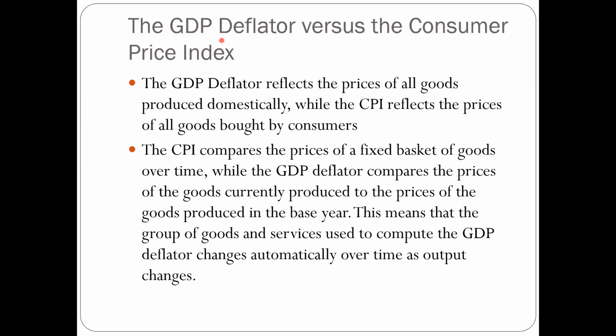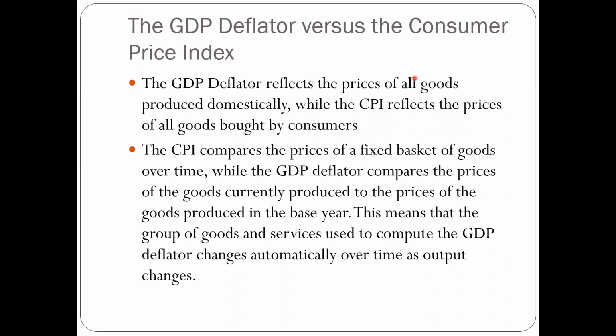So we have another definition, the GDP deflator, which is another measure than the consumer price index. Of course, the GDP deflator is very important to reflect the prices of all goods that are produced domestically.